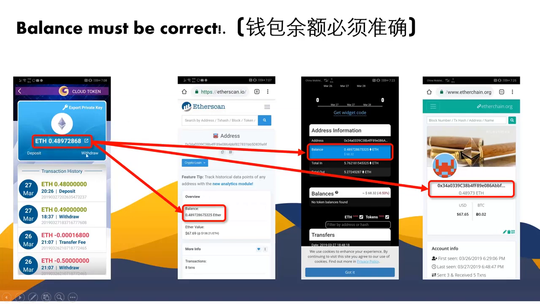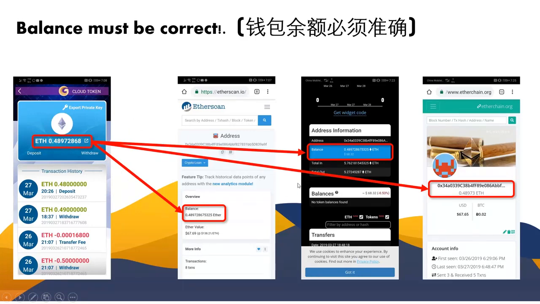It's supposed to be the same. And you look at ETH Explorer and Etherchain. They all show you the same number here, except for Etherchain, which rounded up: 48973, because it's 8 here, so they rounded up to 3.